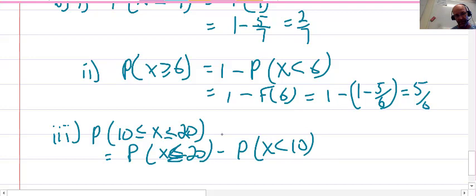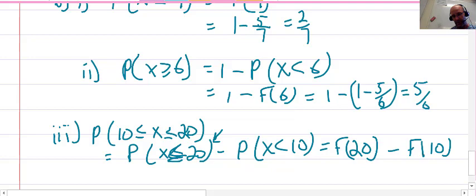We don't want to count 10 twice because 10 will be counted in that one as well, you see. So it doesn't matter because it's F of 20 minus capital F of 10 anyway. And so that comes out as a quarter if you sub those in. Alright, F of 20 and F of 10. Finished.